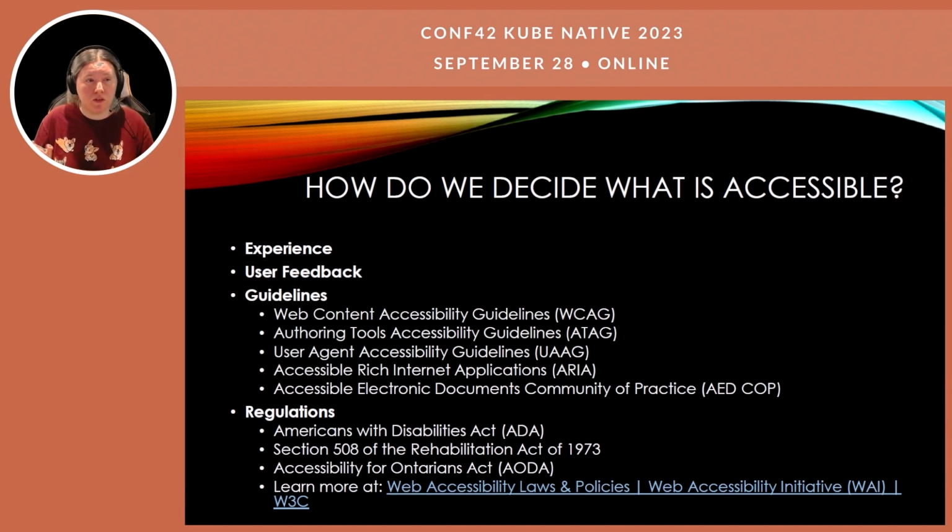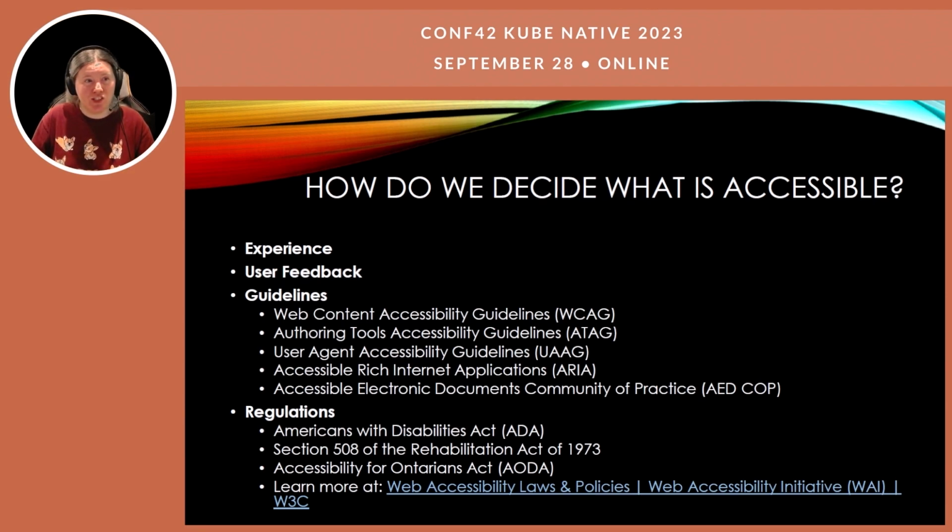Some other W3C guidelines are the ATAG, which is the Authoring Tool Accessibility Guidelines. It basically deals with tools that you use to create content, like Visual Studio, Microsoft Word, Adobe Acrobat, things that you're using to create digital content.